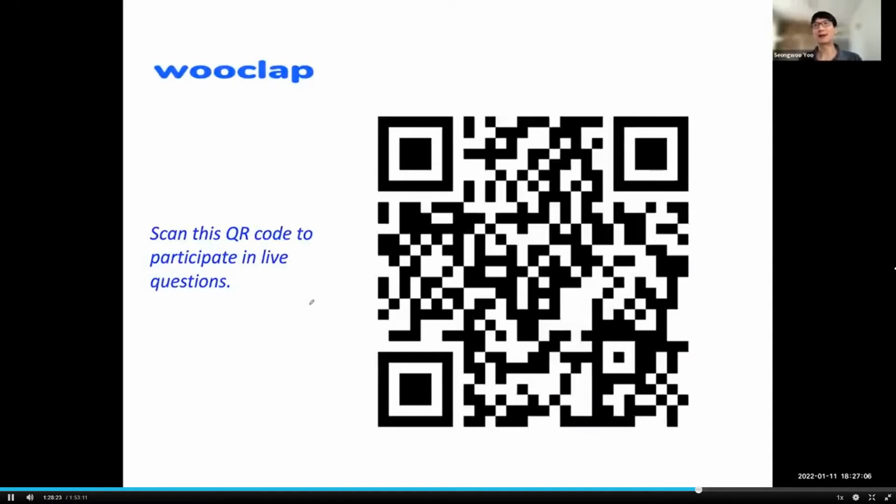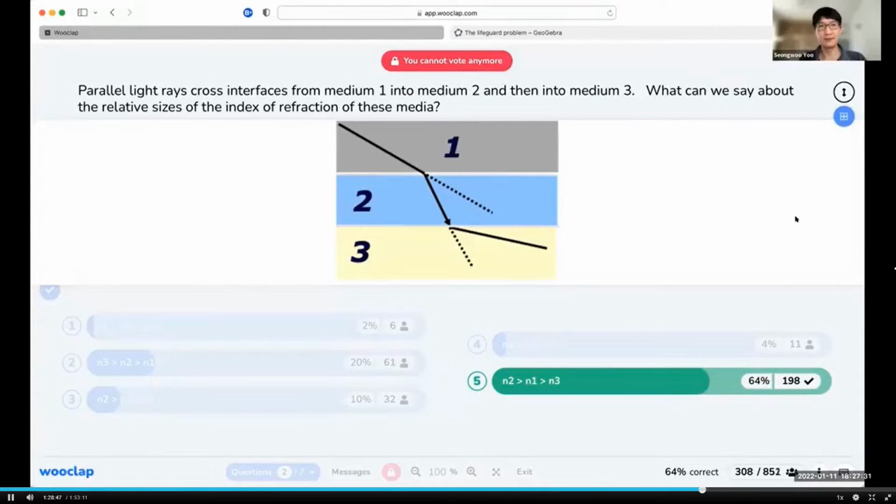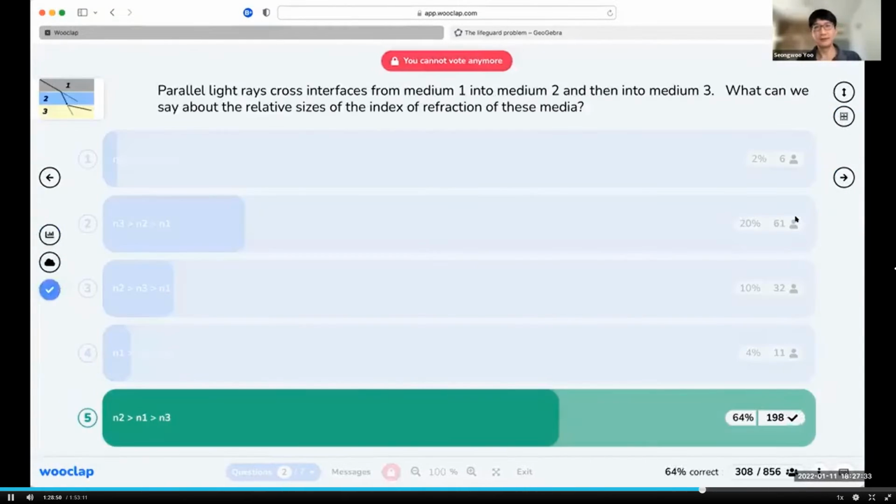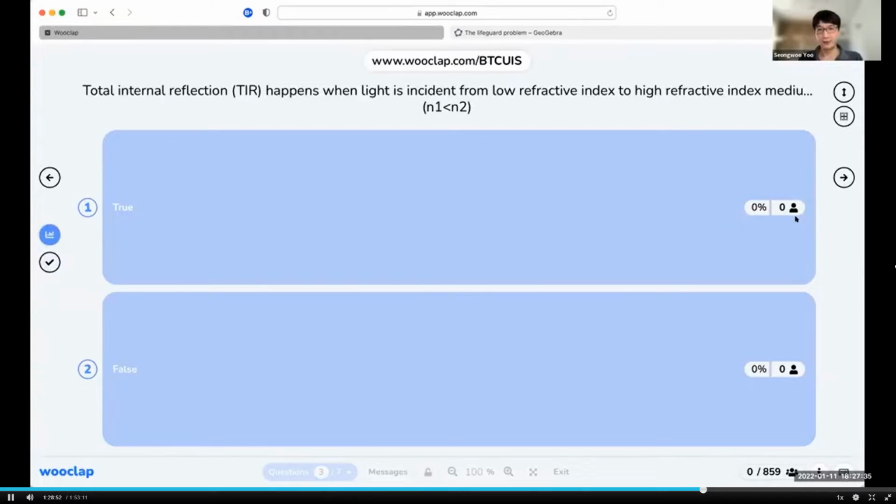All right, now I think we are ready to have a few more voting questions. Would you like to scan this QR code? And then I will also switch my screen to these voting questions.